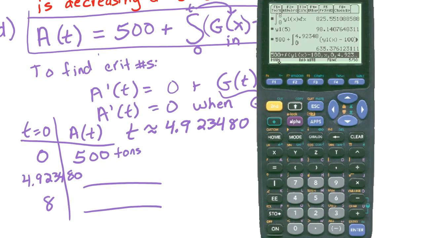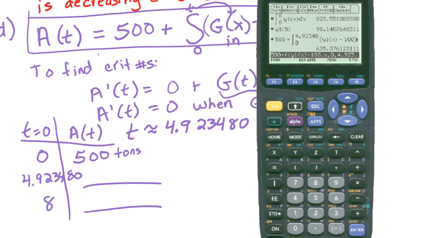I just put in my function 500 plus the integral of Y1 of x, because that's our g of t function. We've already got that in our calculator. So g of x minus 100 with respect to x from 0 through, and then our critical number is my second limit.